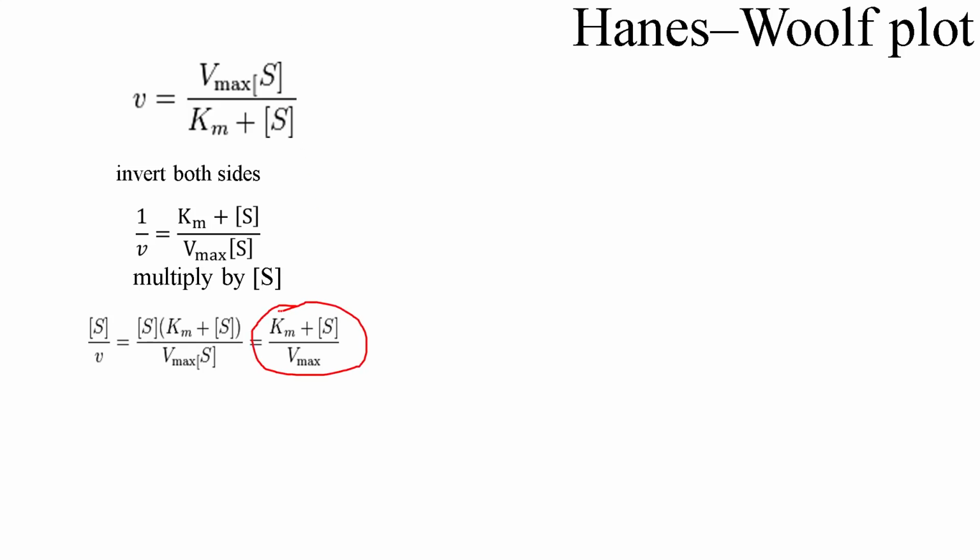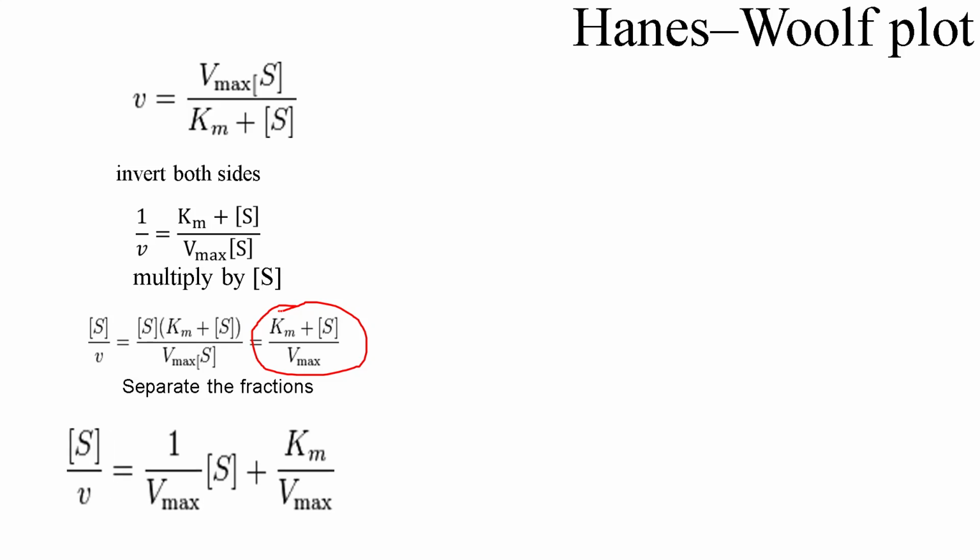Okay. Now we are going to separate this equation, and when we separate and rearrange the equation, we have that S over V will be equal to 1 over V max multiplying S, plus Km over V max.